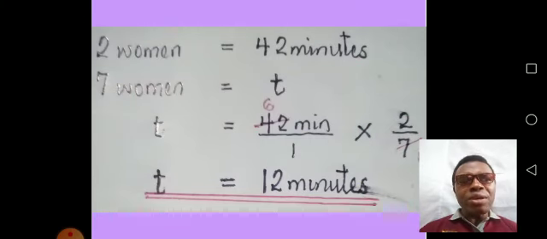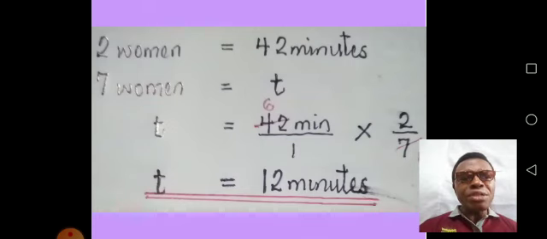So t equals 42 over 1, times this time you write what you have on the left hand side, 2 over 7, that is 2 women over 7 women. 7 into 7 is 1, and 7 into 42 is 6. And so the unknown time t equals 6 times 2, that's 12 minutes.